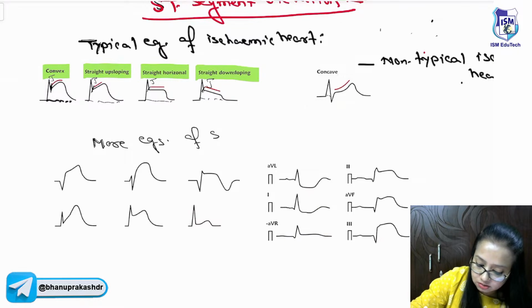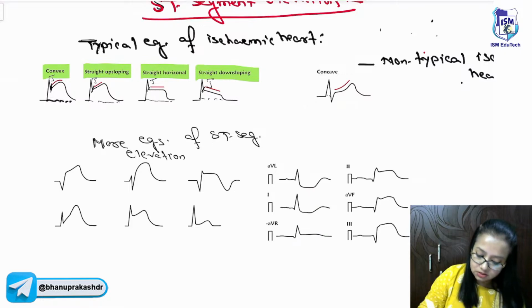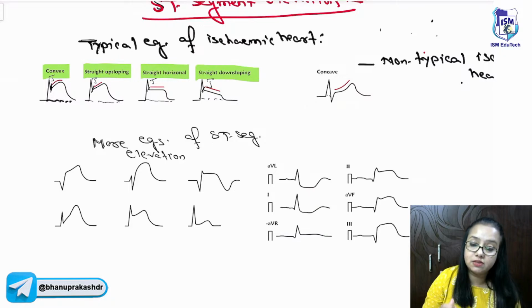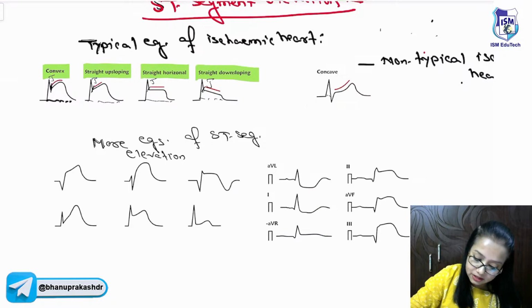elevations. So here in some you see it is elevated with a very big T wave, that is also elevated. Here you see again concave. The next you see is horizontal, and this has an inverted T wave, right?